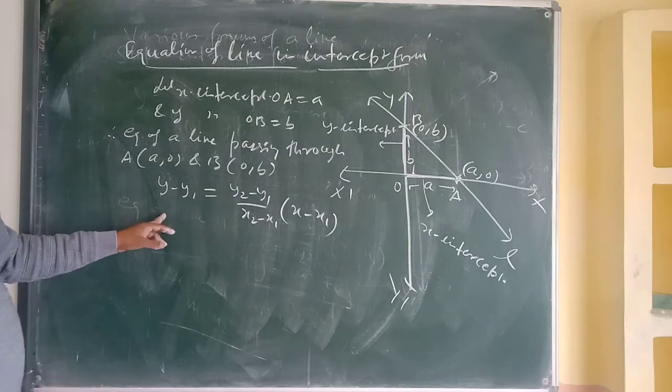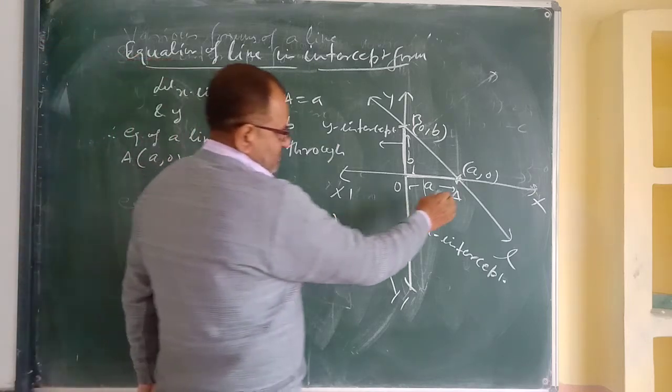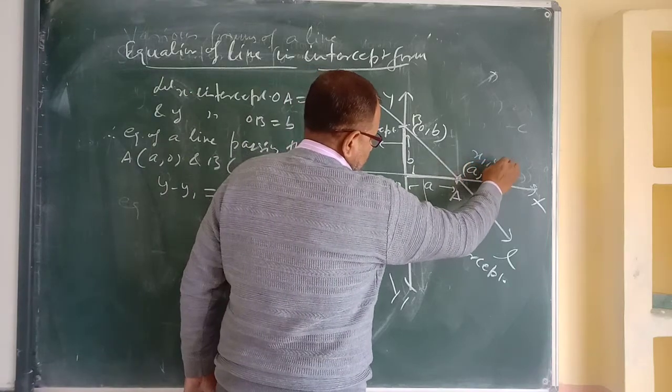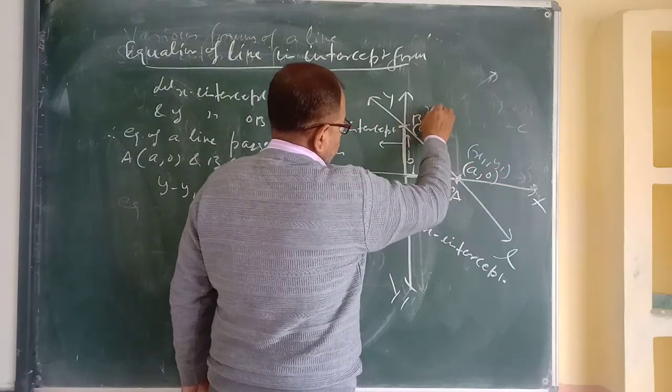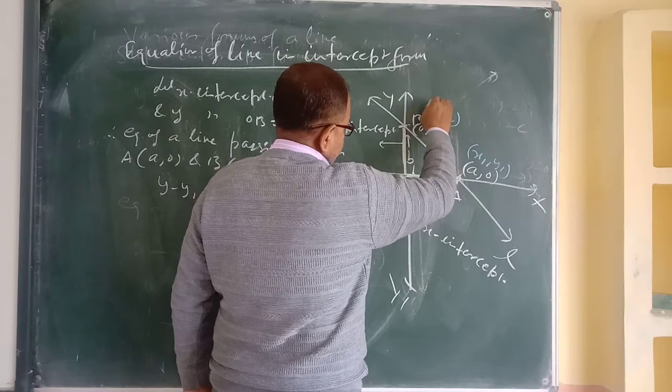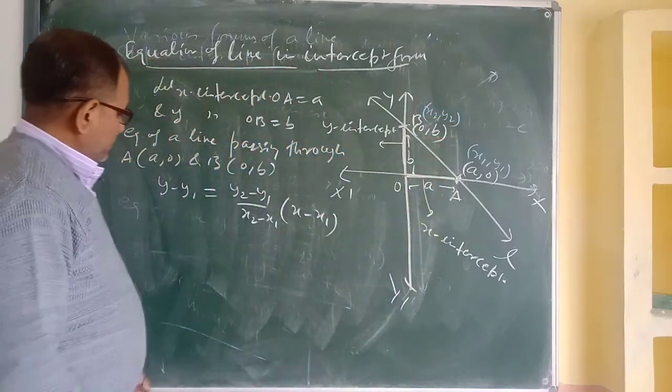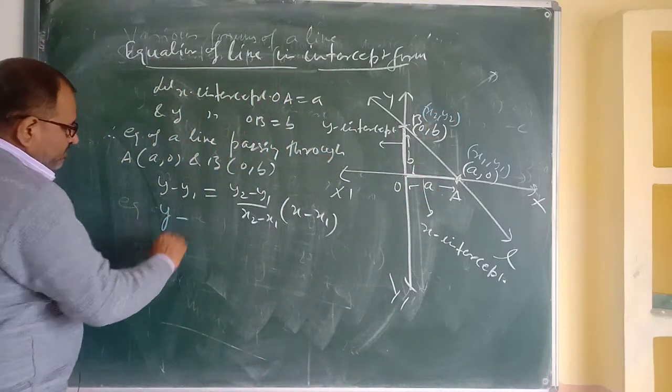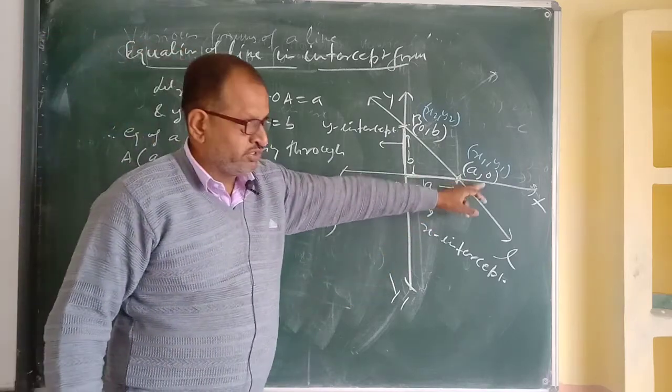So take one point as (x1, y1) and the other as (x2, y2). So y minus y1, what is y1 here? 0.